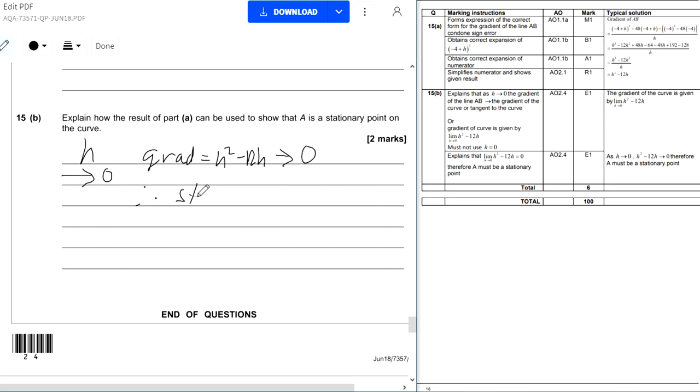Therefore, it's a stationary point. And that's really it. Yeah, and that's the end of the questions.